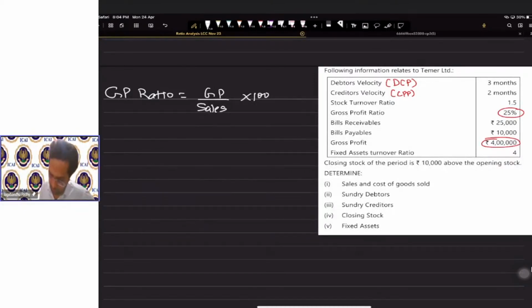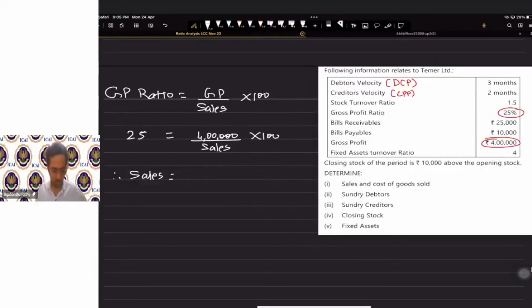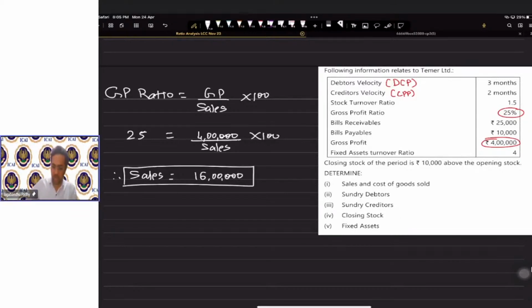So GP ratio 25 is equal to 4 lakh divided by sales into 100. So sales will be 4 lakh divided by 0.25, which is 16 lakhs. So we have this sales as 16 lakh.